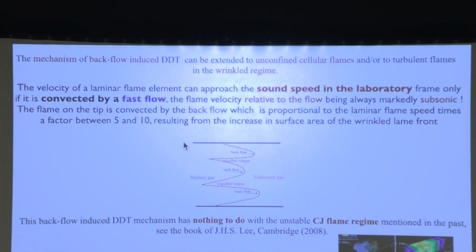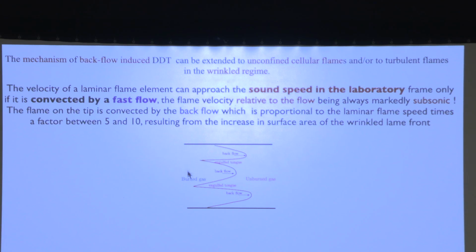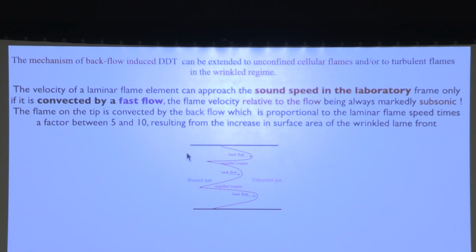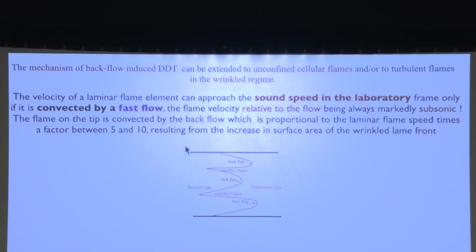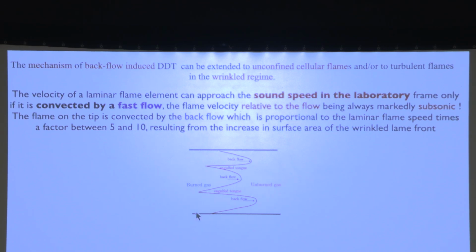Oh sorry, assume that you have here a closed wall. So now, if you have a closed wall, the flow velocity is 0 behind the burnt gas here, and so you should have a backflow acting on the tip, on each tip here.